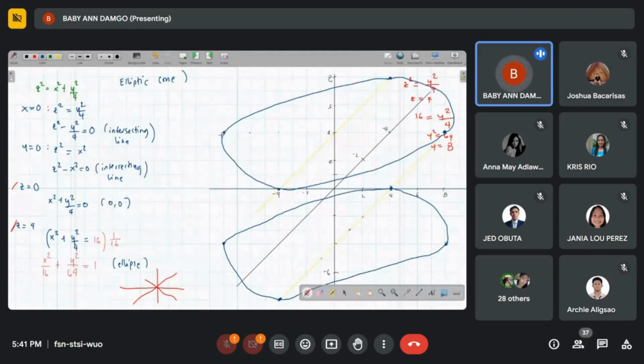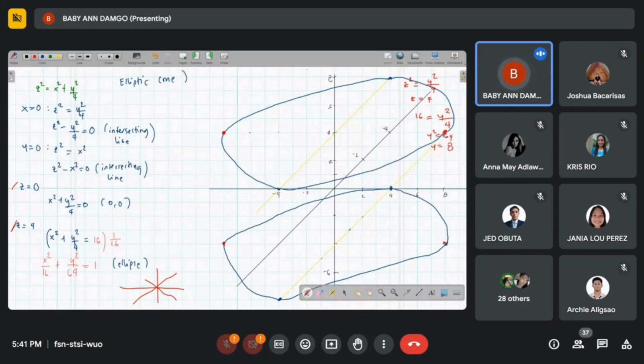So asa ning y? Okay? So the same gihapon ni siya sa z is negative 4. So adto ta sa y. Here.